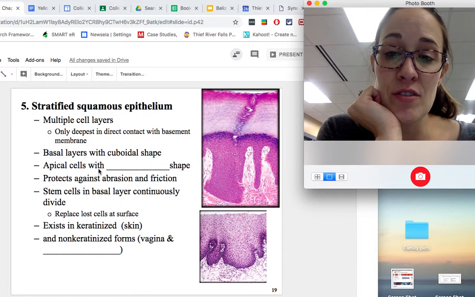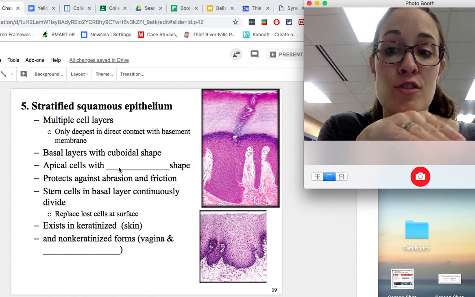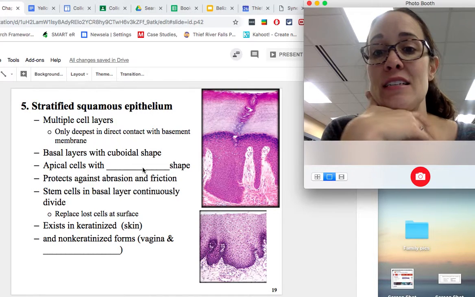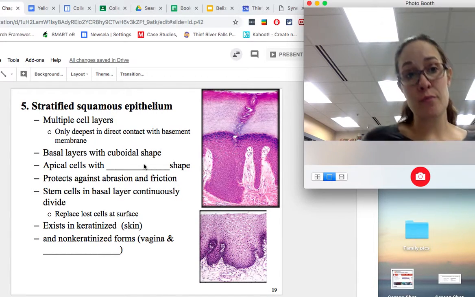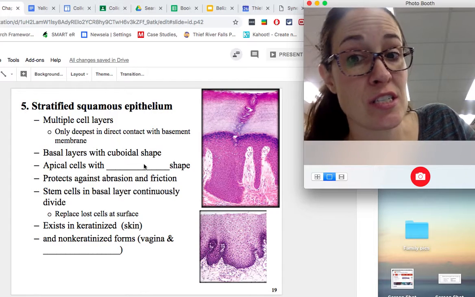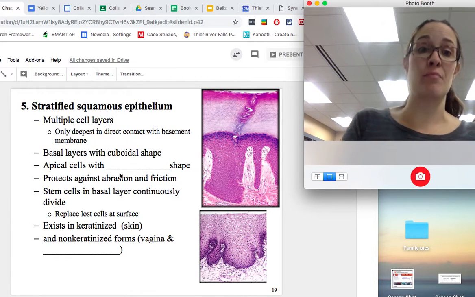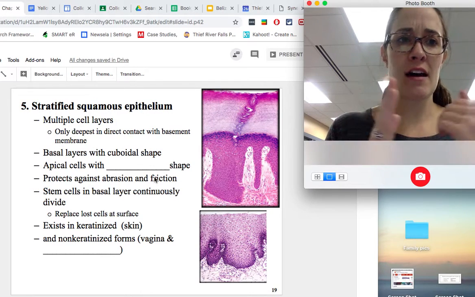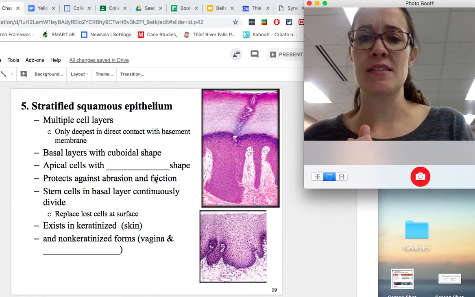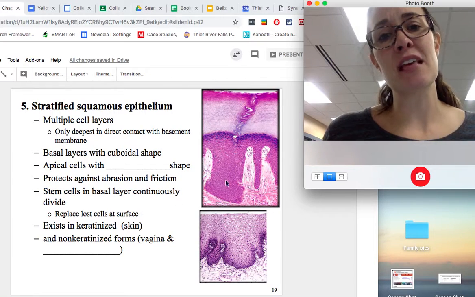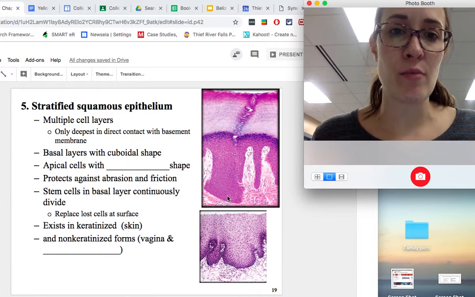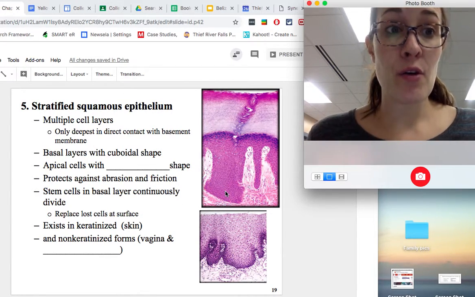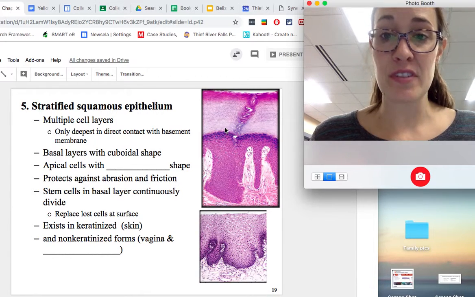The apical cells, or top-level cells, are squamous or flattened in shape. This tissue is very protective against abrasion or friction, so it's found in areas of the body that come in contact with substances a lot. The bottom basal layer is continuously made and pushed up to the top.